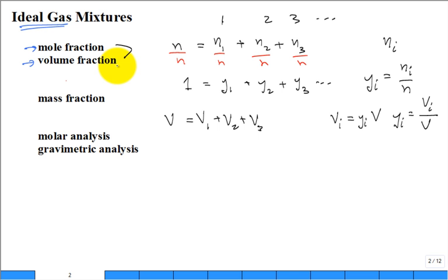Another way to describe a mixture is by mass. Well, how do you relate mass and moles, all the way back in chemistry? Big M, the molecular weight or molar mass. That's the number of kilograms per kilomole of our particular species.